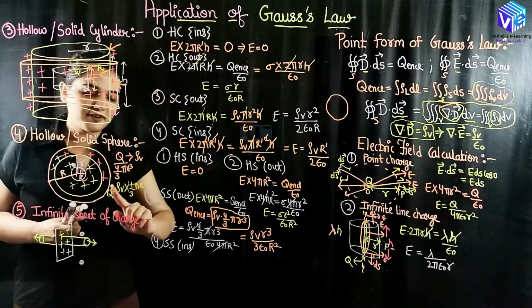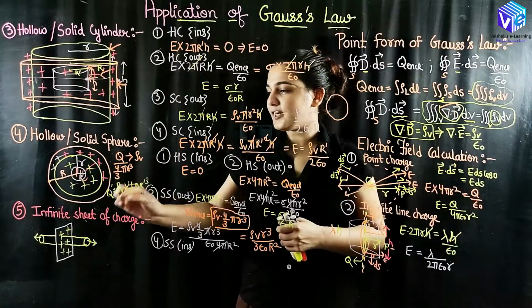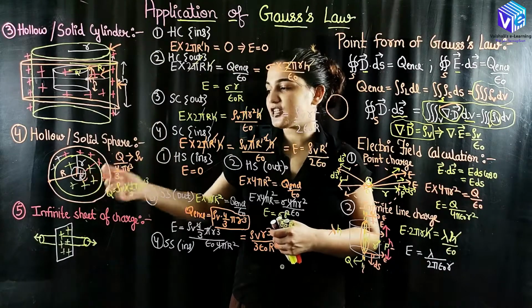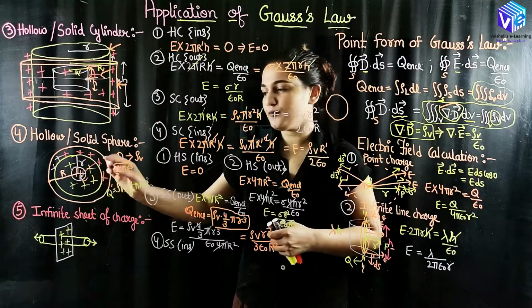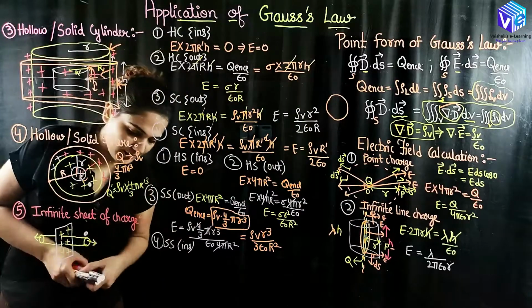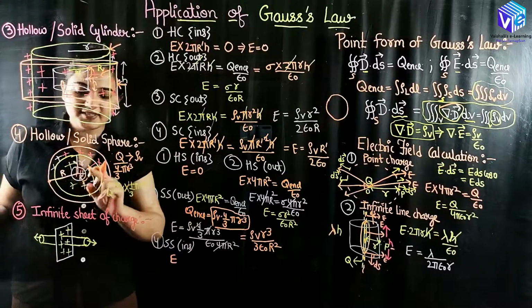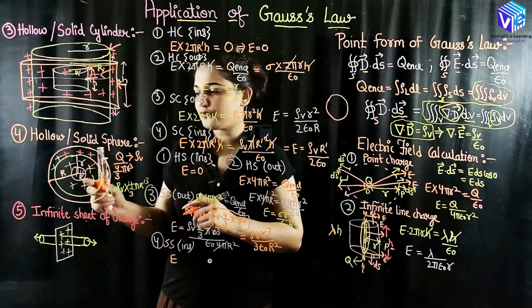So this is how I will be finding out the charge of the small sphere, and I will be using it to find out the electric field over the small volume of this surface. So now here, if I will be using this equation, again I will be having E dot ds, the surface area of this small sphere I have to take.